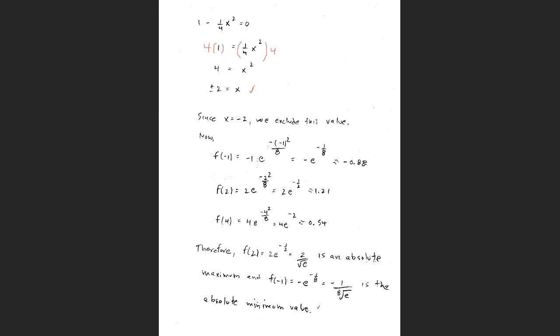And I think I left a little something out here. One moment. I mean, we're good so far, but here, since x equals -2, I want to insert this, x equals -2 is not in my interval from -1 to 4.